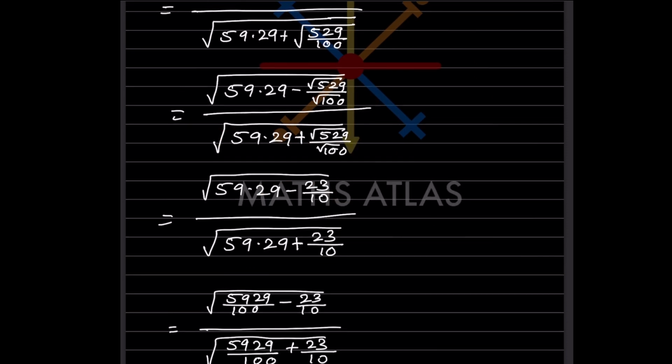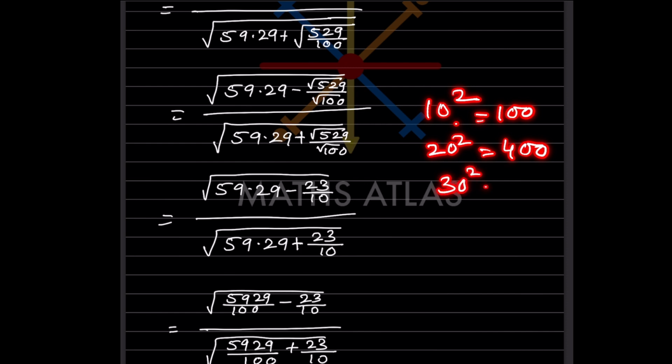Now when we look at the numerator, 529 is a perfect square of 23. If you don't know how to find it, I have shown how to find the square root in previous videos. I'll quickly say, we take 10 square is 100, 20 square is 400 and 30 square is 900.